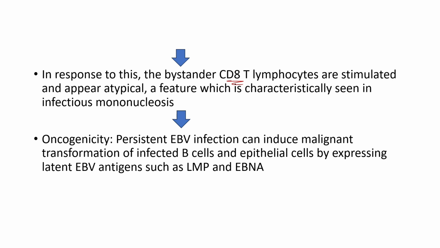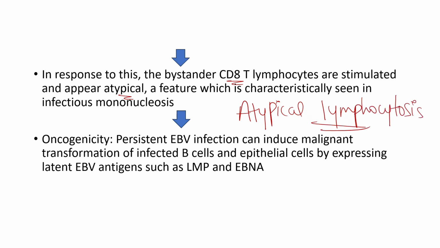To clear that infected B cell, the CD8 T lymphocytes will be stimulated in large number. As a result, it will appear atypical. So, atypical lymphocytosis. This is one of the very important findings in Epstein-Barr virus infection. Atypical lymphocytes will be prominently seen.